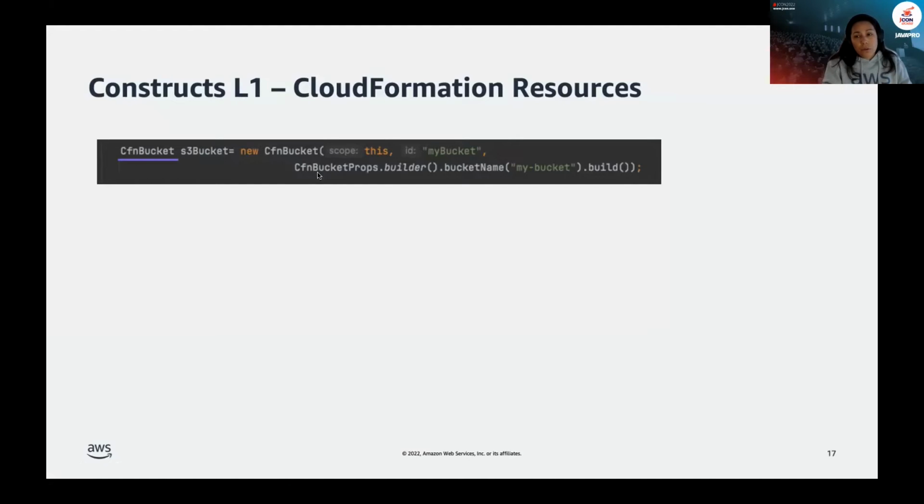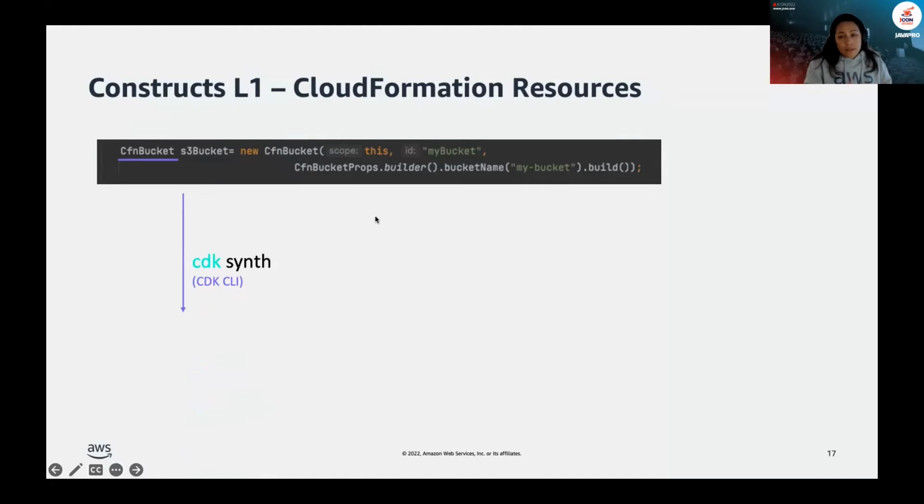So I'm providing the word this, because the class where I'm working with this code is going to be the scope for this construct. I provide an ID that's also a mandatory argument in the constructor, and I'm passing a property. I'm using a builder object with a method to build a properties object and to provide the only mandatory property for an S3 bucket, which is the bucket name.